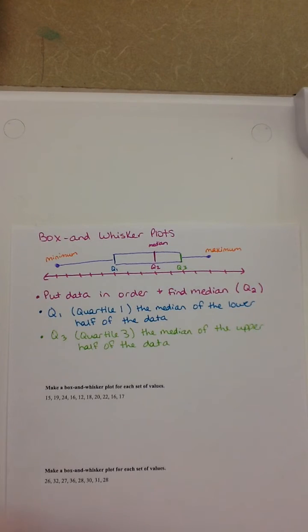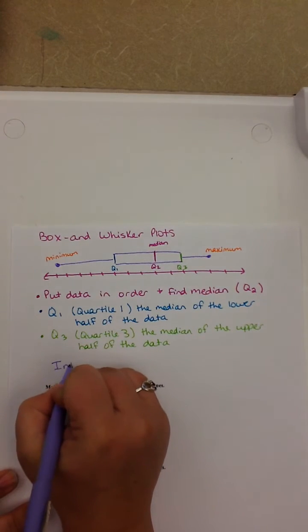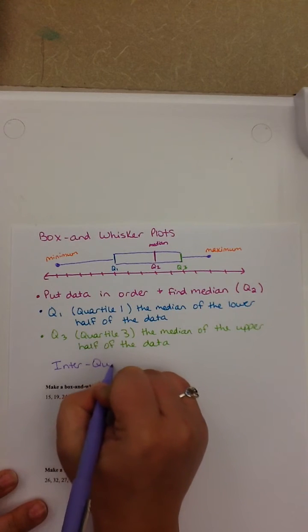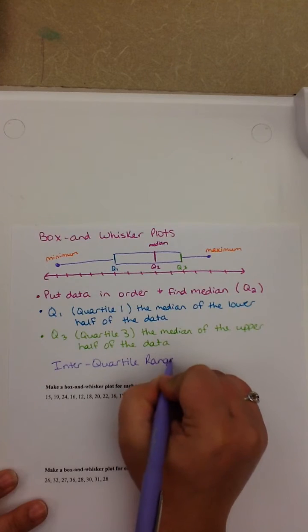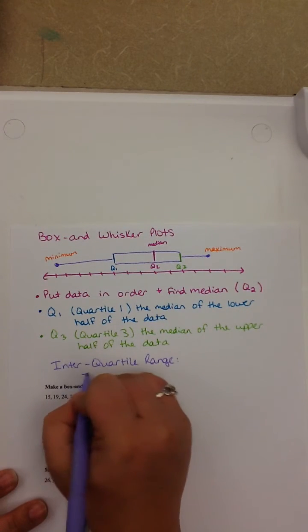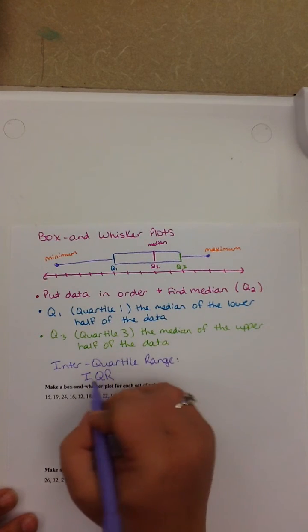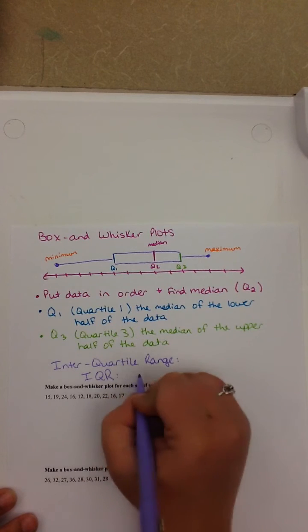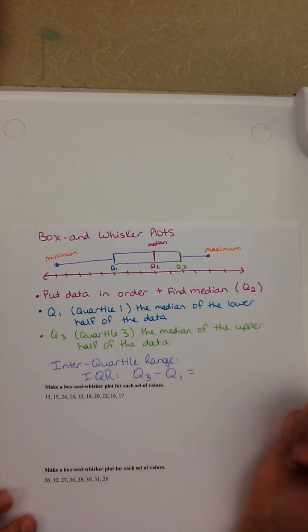Then the last thing that you will do is find the interquartile range. The interquartile range is also sometimes called the IQR. I will probably never write it out again. It'll just be IQR. To find the IQR, you do Q3 minus Q1.